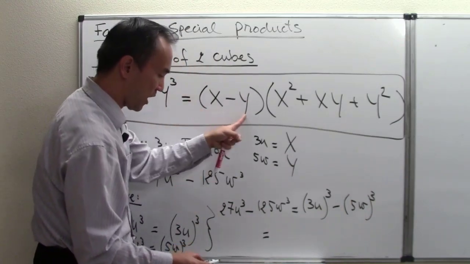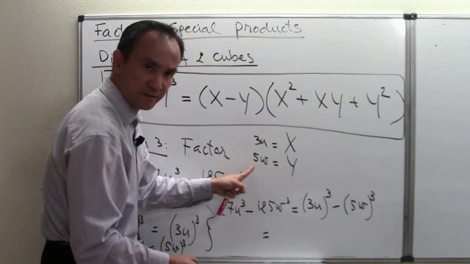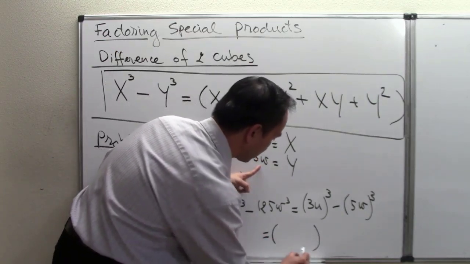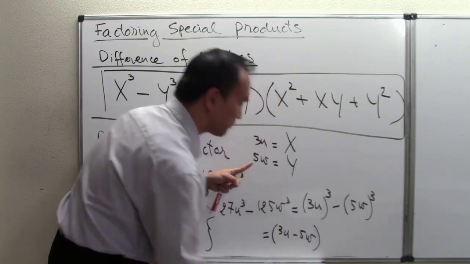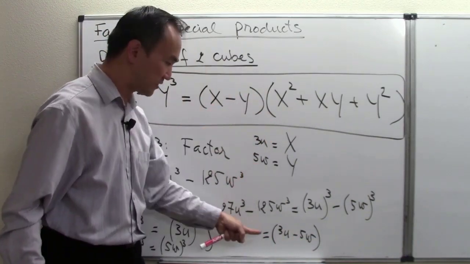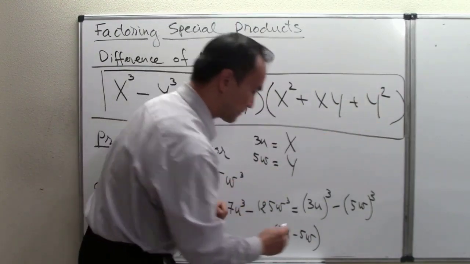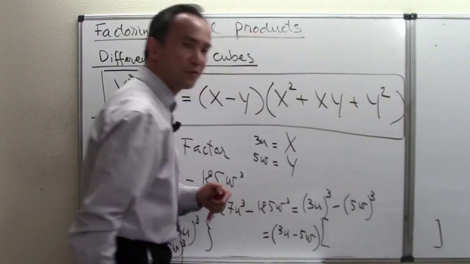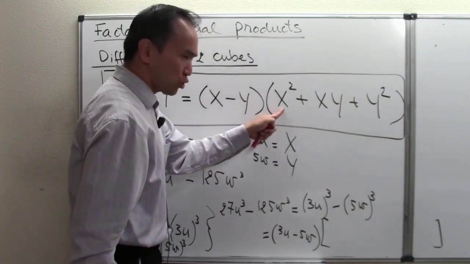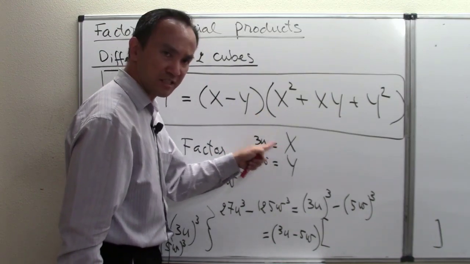So x minus y, but x is 3u, y is 5w. So x minus y, we have 3u minus 5w. That's how we repeat the formula in factor form. And now it comes to the next pair of parentheses for a bigger factor. So I'm going to use brackets for now. X squared, but 3u is being put in place of x.